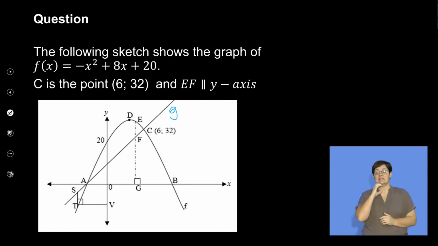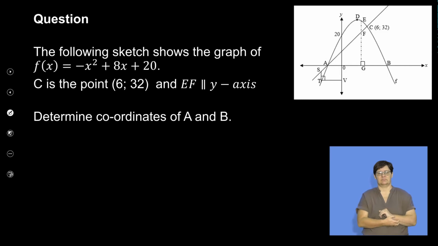C is the point (6; 32), and EF is parallel to the y-axis. So this makes a 90 degree angle with the horizontal axis. Now, why is this important? Because they might want us to find the length of EF, and since it's parallel, it will be the top minus the bottom, but we will look at that just now.